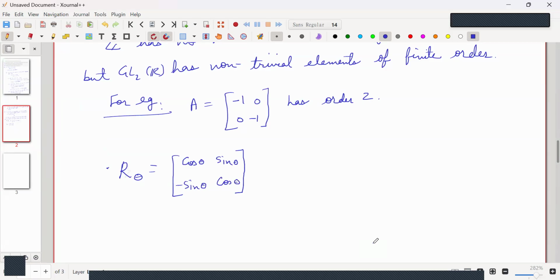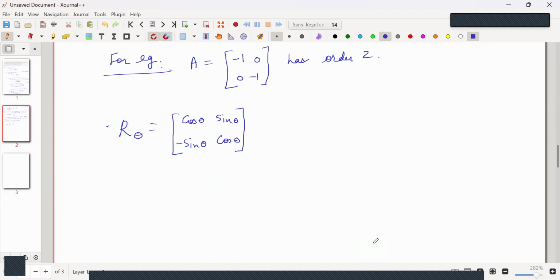Is this rotation or reflection? I'm a bit confused. If you multiply this matrix again with this, it will be cos square theta minus sine square theta, that is cos 2 theta, and here we will get sine 2 theta.